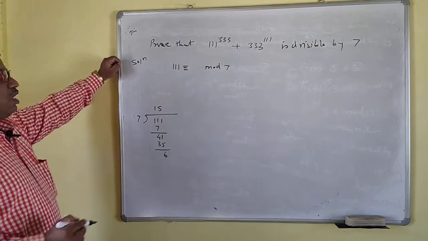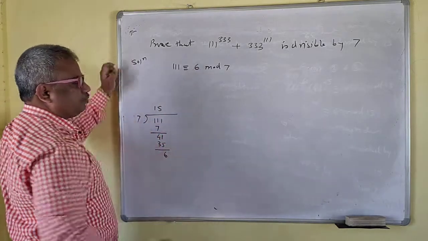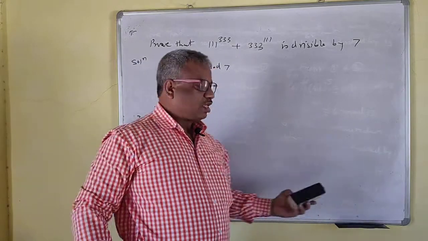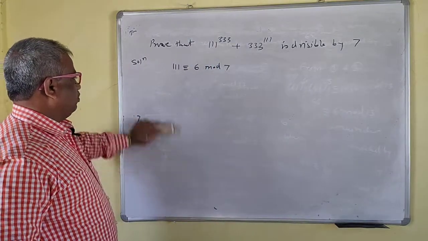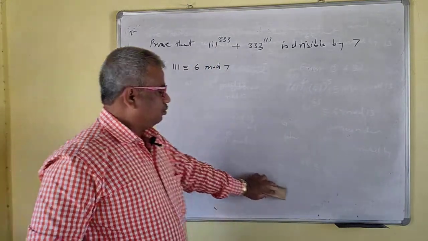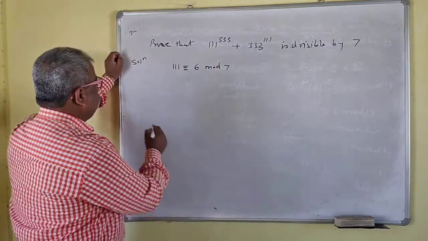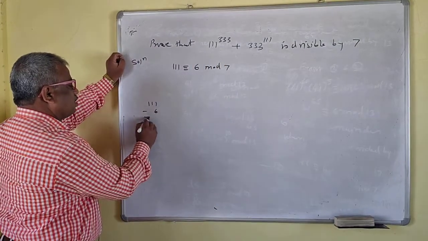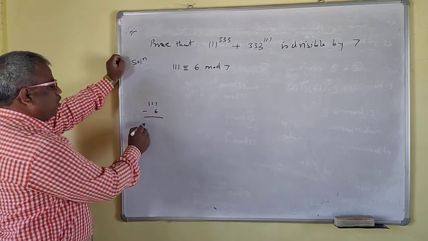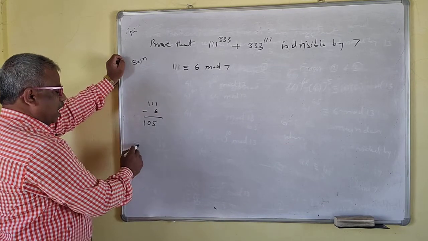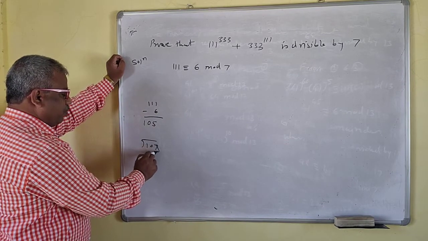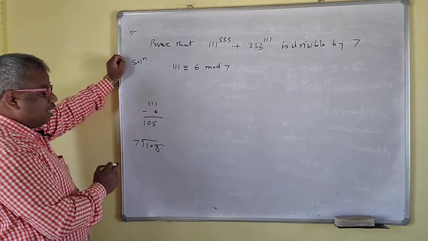So 111 is 6 mod 7. Because 111 minus 6 is 105, and 105 is divisible by 7.